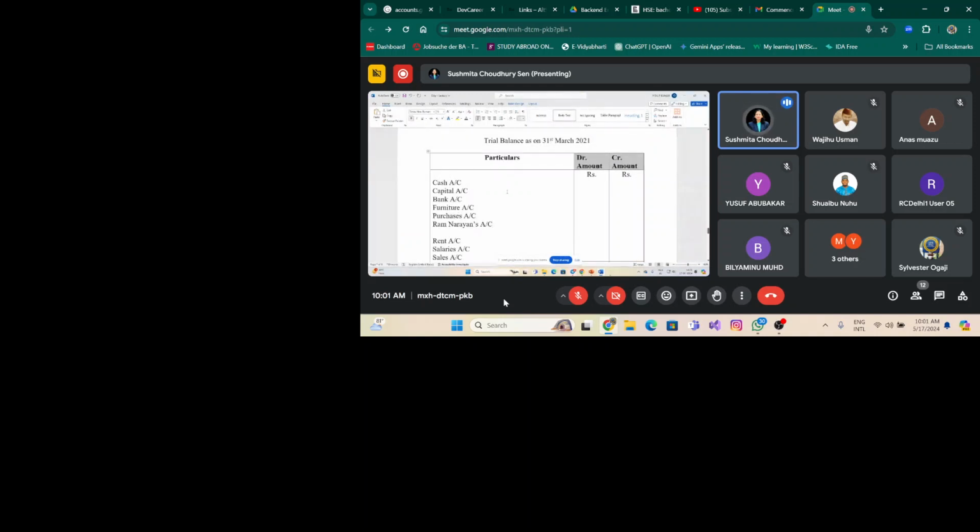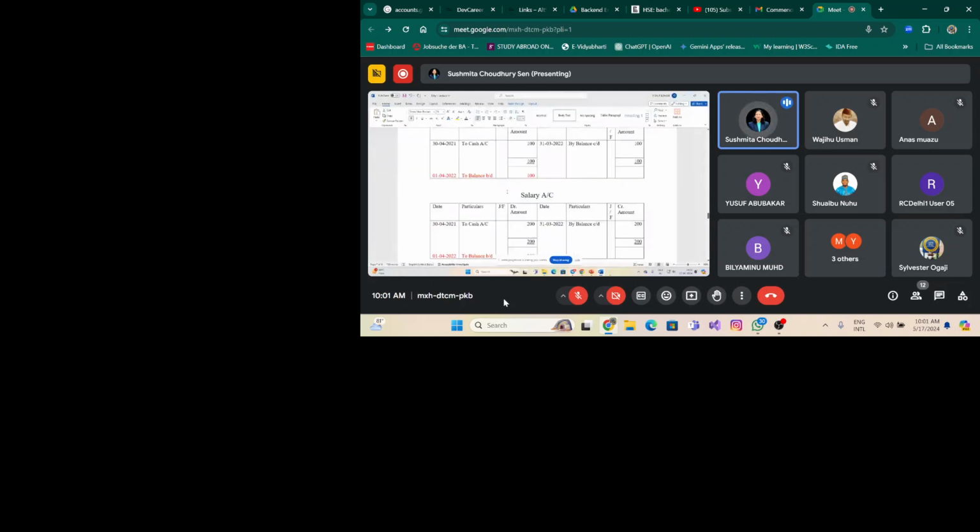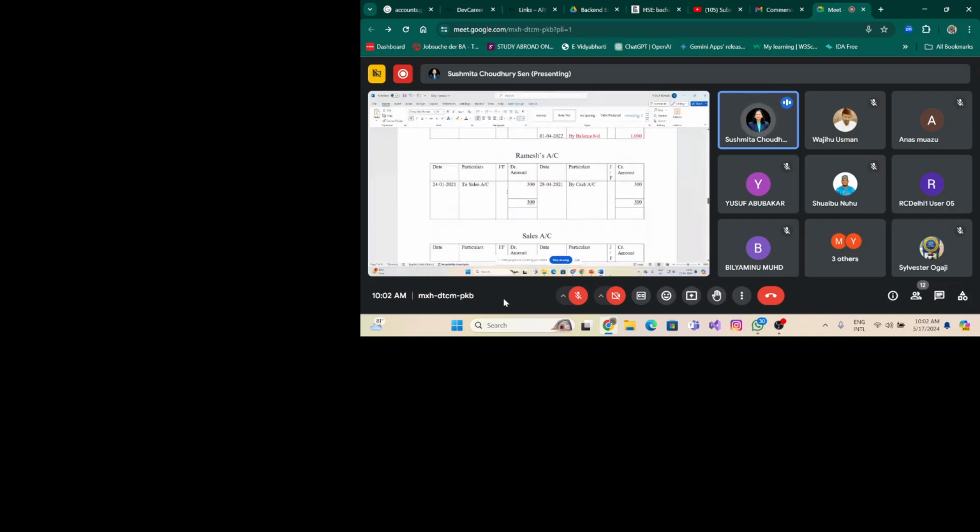Now, what you need to do is look at all the opening balances and note them in the trial balance, starting with the cash account. Now, I am again referring to my cash account.